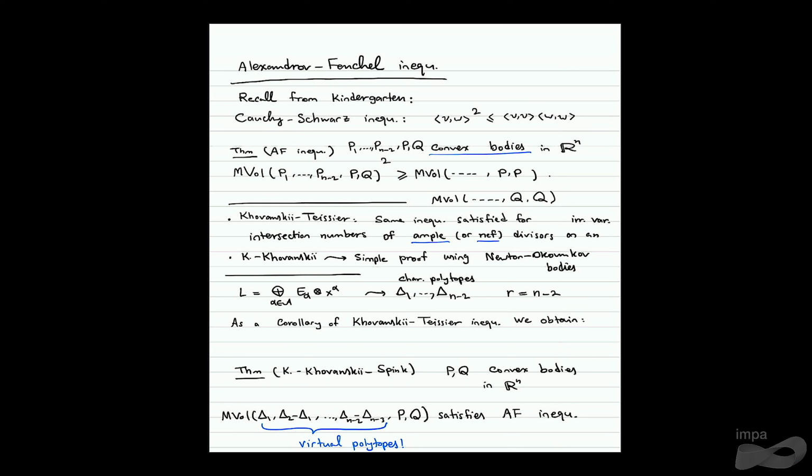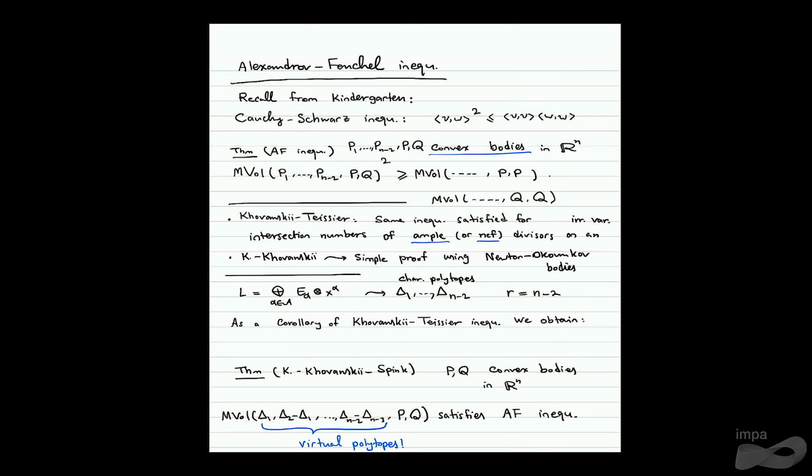Then you have 2 inputs left, and it becomes a bilinear form in the last 2 components, P and Q. And then the Alexandrov-Fenchel inequality says that this bilinear form satisfies the reverse Cauchy-Schwarz inequality. In fact the signature is (1, -1, ..., -1), that's the bilinear form.